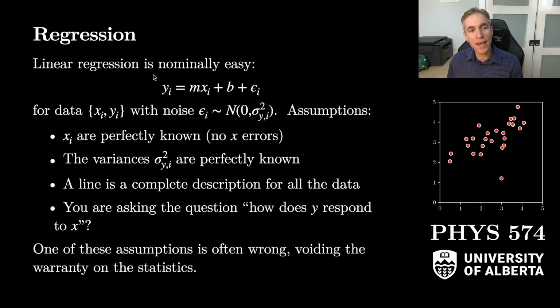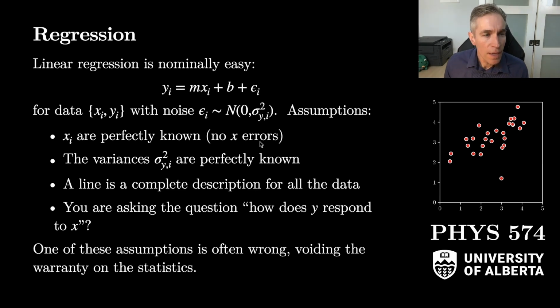And then we assume that every ith datum in our model is some nominal slope times the x data for that datum plus b plus some random deviate epsilon, and that epsilon is determined from a normal distribution with mean of 0 and some known variance sigma sub i for each point.